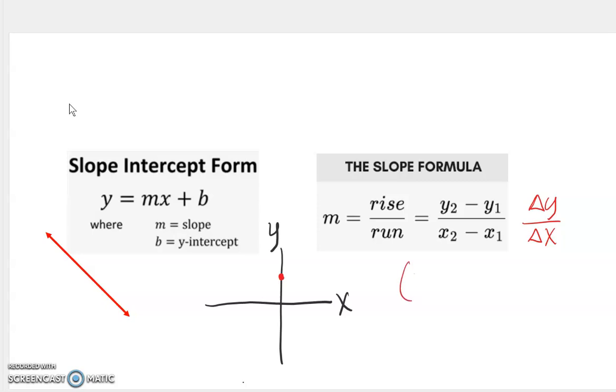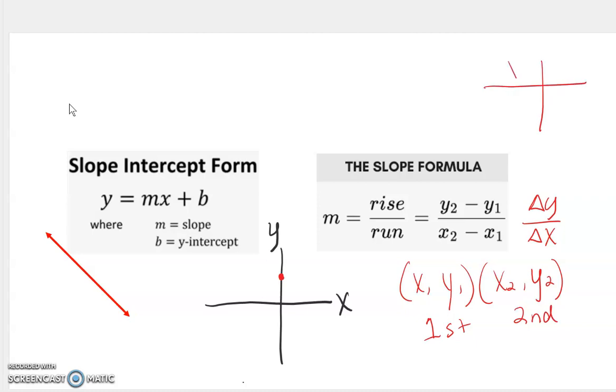So if you have x1 and y1, and then you have an x2 and a y2, this is your first ordered pair, then you're going to have a second ordered pair. Basically, it's just part of the table, so you've got, I'll just say 1, 2, and then this comes out to 4, and this comes out to 5. That's all it is.